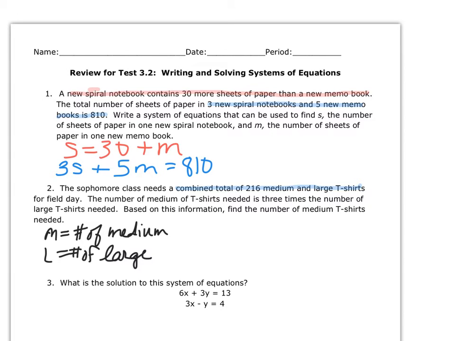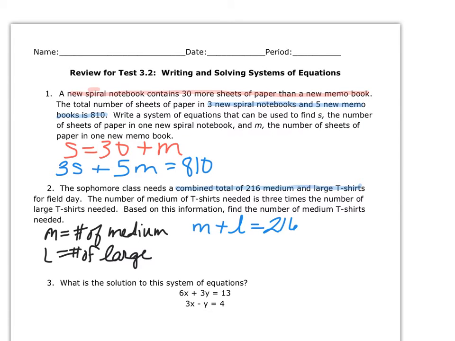All right, so that first sentence says, if I combine these 2 together, how many total shirts do I need? 216. So I could say M plus L equals 216. All right.